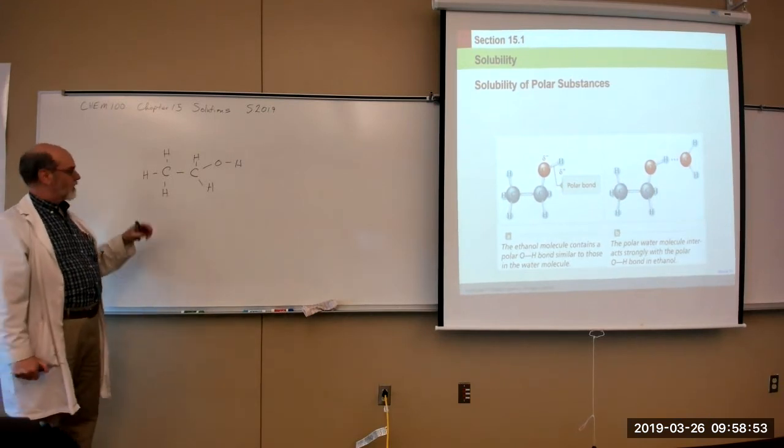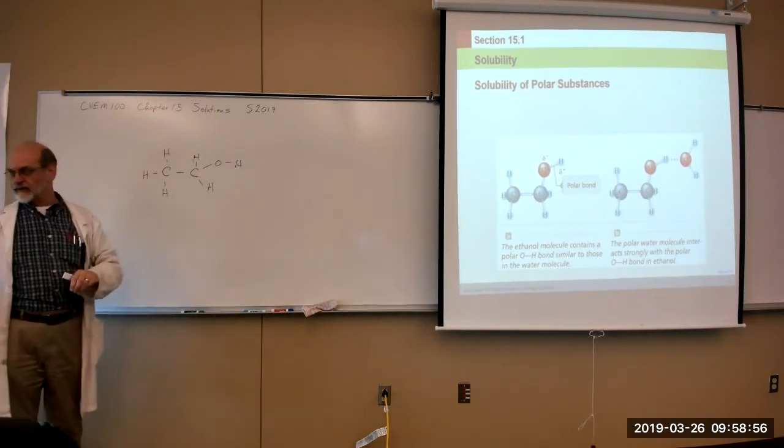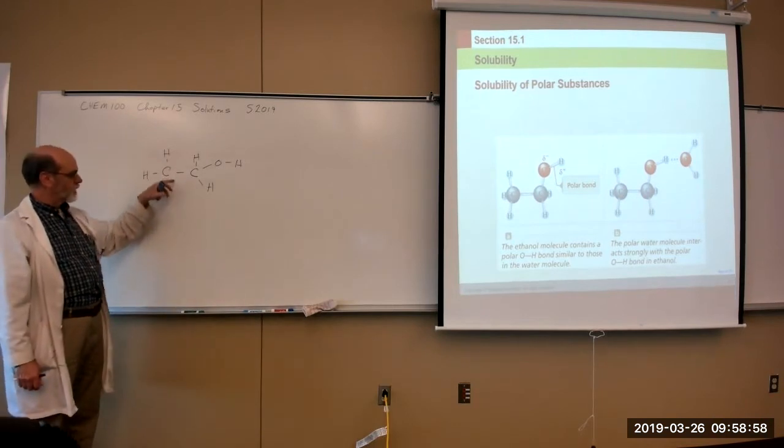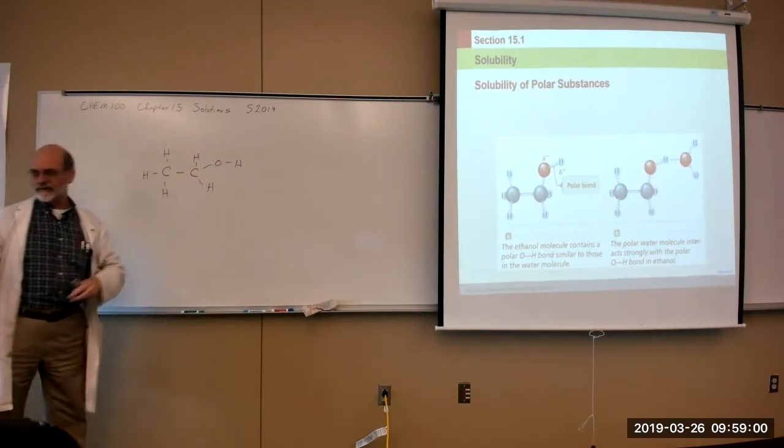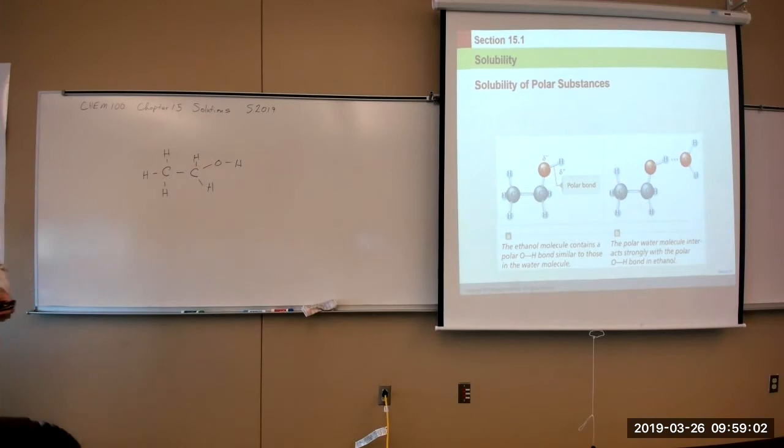For all organic compounds, carbon needs 4 bonds. Right? You have 4 here and you have 4 there, so we're good. So you look for polarity, that is an uneven distribution of electrons.